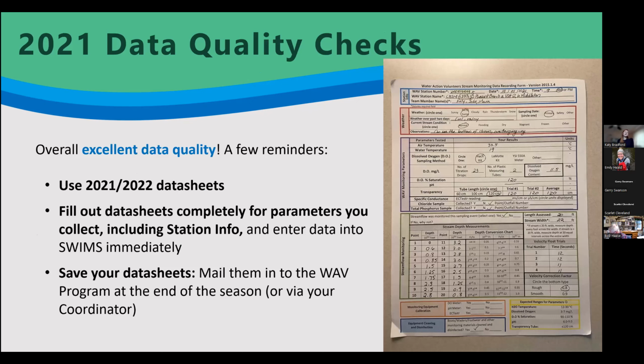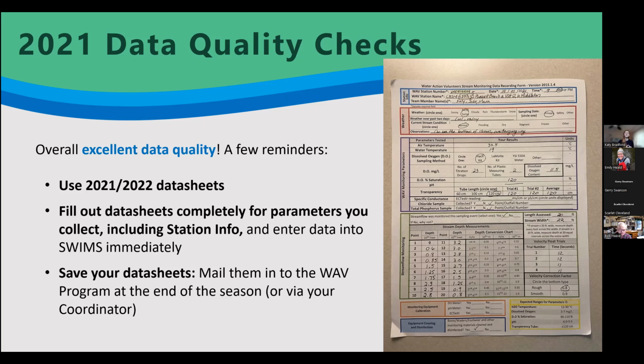After the end of 2021, we did data quality checks. Basically, we just check 10% of the stream monitoring events and look at data sheets that folks send in. So a few reminders as a result of that effort: fill out your data sheets completely each time. At the top of your data sheet, remember to fill in your station ID and your station name, exactly as listed in SWIMS, date and time, and then fill it out completely for all the parameters you're collecting, and save your data sheet.